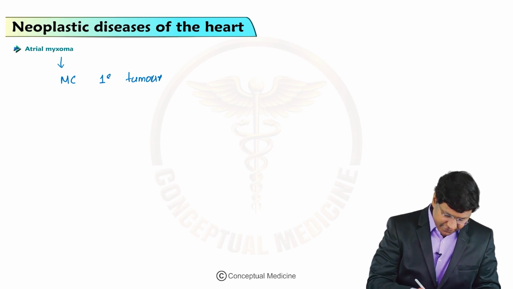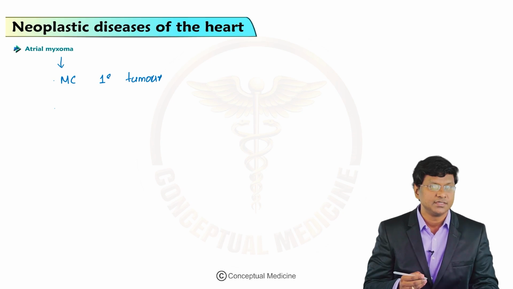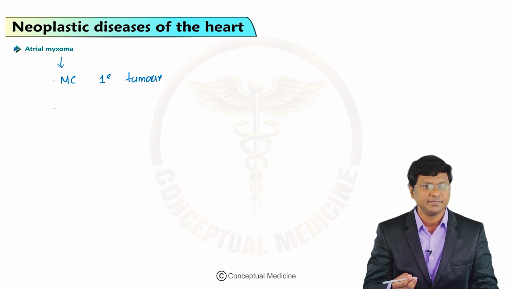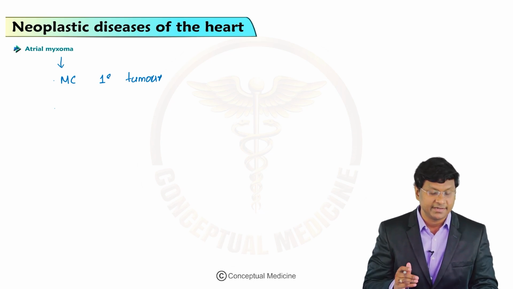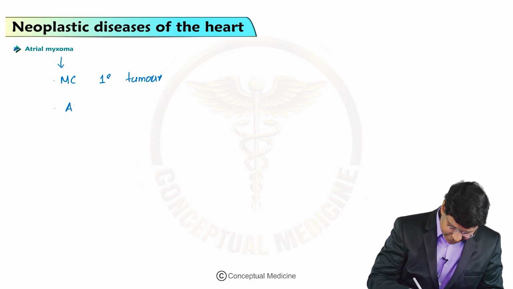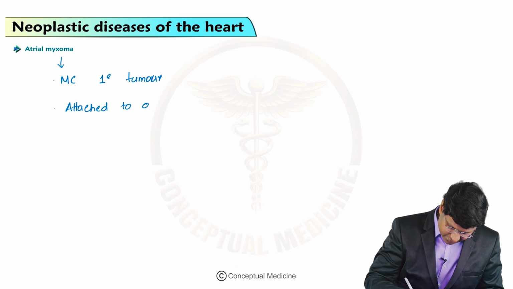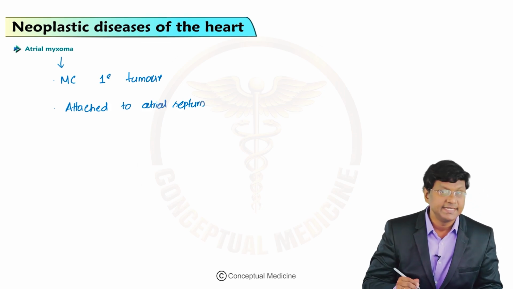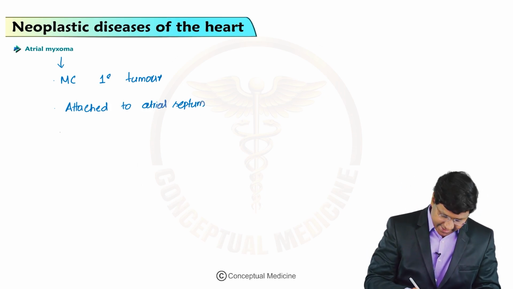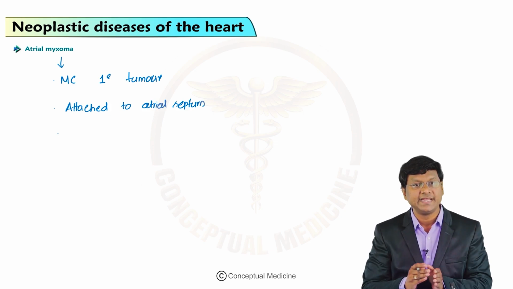When you are using the word atrial myxoma, where is it originating from and where is it attached? It is generally attached to the interatrial septum. And which side will it grow?